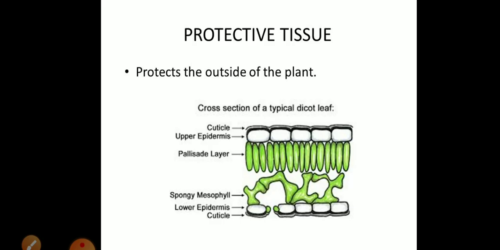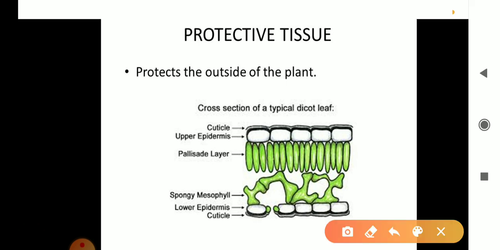Epidermis, I can explain to you with the help of this diagram. Now see, epidermis is the outer layer which does not have any intercellular space. It means the cells of this tissue do not have intercellular space. They are compactly packed, and these are present on all the surfaces.